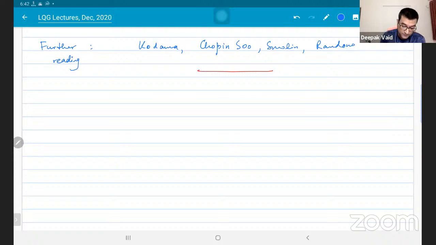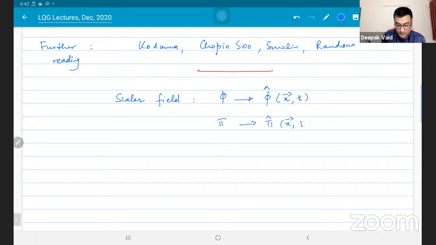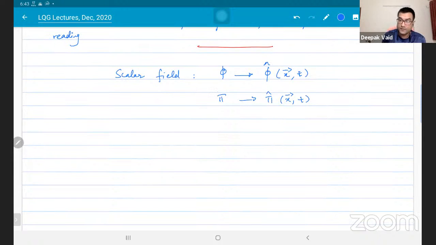Okay, so now this is one way to quantize, right? So one way to quantize, for instance, if you have a scalar field, what do you say? You say, well, your field becomes an operator, or an operator valued distribution, or some jargon like that, right? And same thing with your momenta.